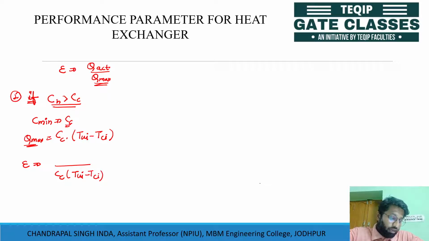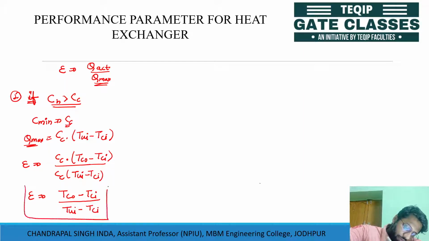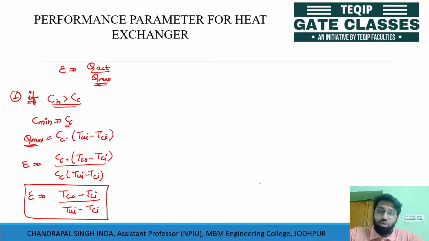So I will consider the actual heat transfer for the cold fluid, which is equal to Cc multiplied by T cold outlet minus T cold inlet, and we will have the effectiveness of the heat exchanger equal to T cold outlet minus T cold inlet divided by T hot inlet minus T cold inlet. So in this term, the outlet temperature of the cold fluid is required to be known.